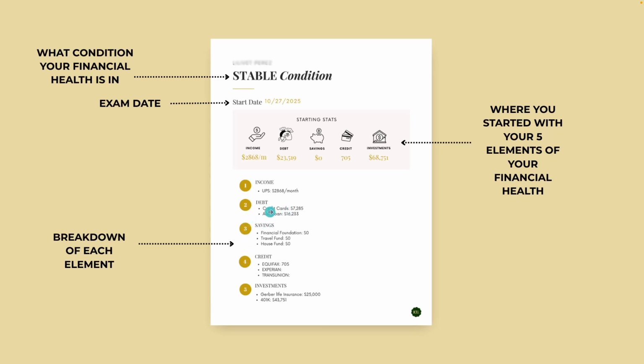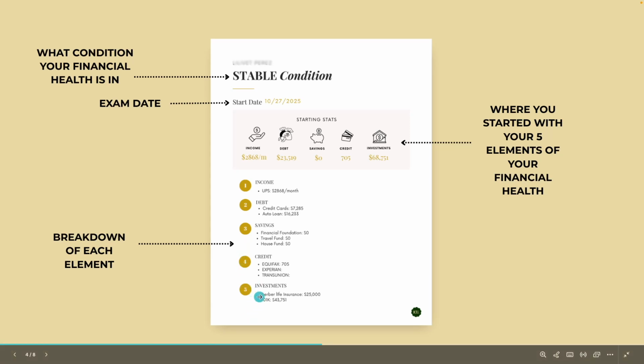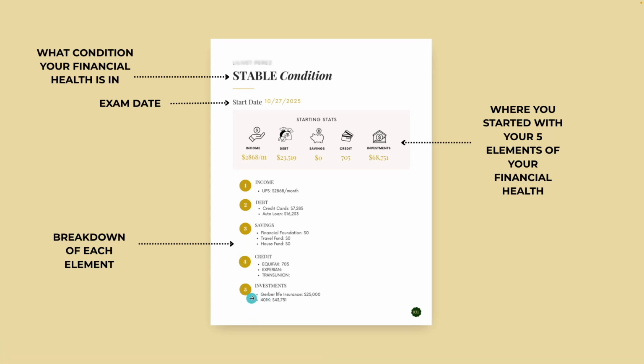That's what it breaks down to. For your savings as well, it'll show financial foundation, if you have a travel fund, if you have a house fund, anything of that nature. And then for investments, if you got a life insurance policy, it's going to show you the balance of that. 401k, that's what it's going to show the balance of, et cetera, et cetera. And then up top is going to show you the total amount of investments you have. Okay.